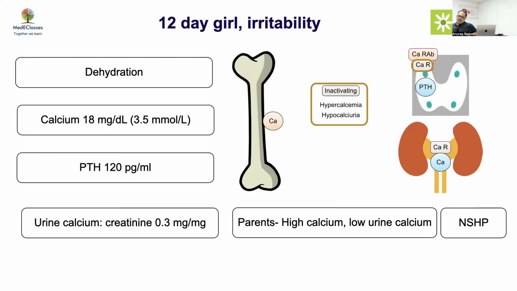If you get it from the father, then it is severe, but transient. It will be less severe, not 18, but maybe 14 or 15, because for this child, the mother's normal calcium levels are low because of the sensing problem. So in response to that, the parathyroid is hyperactive. As soon as they are born, you will have hypercalcemia, which will improve over time.